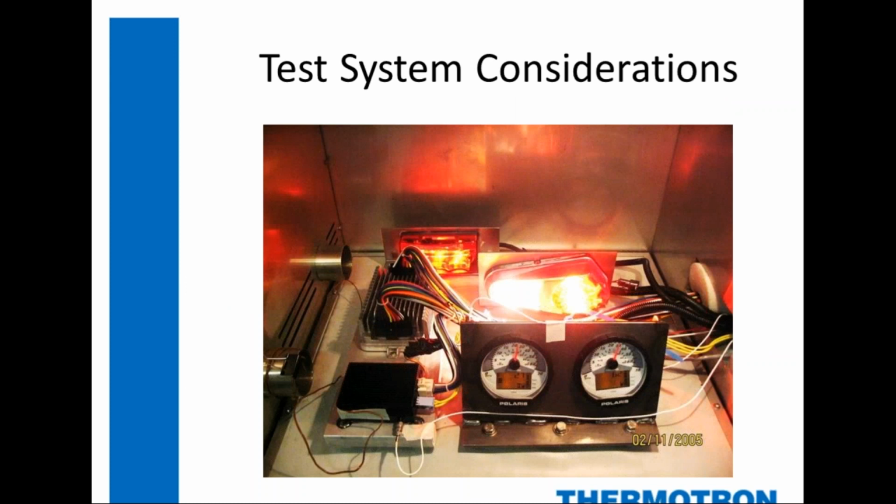So here's a test that we did in the lab, and I want to point out a few things here. There are these holes in the side of the chamber with a lot of wires going in and out, and most testing of products that are electronic or products that move is always done live.